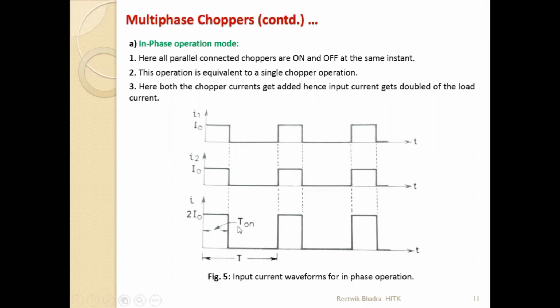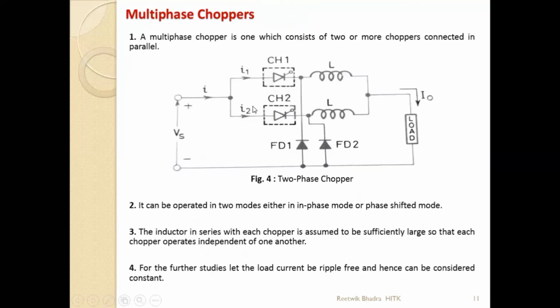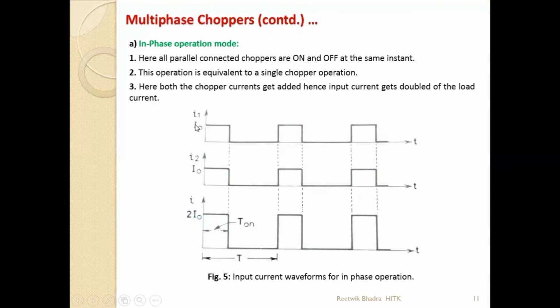So what happens when we are taking in-phase operation? I1 is the current through CH1, I2 is the current through CH2. So I1 is equal to I0, as we have said, when CH1 is on. Similarly, I2 is equal to I0 when CH2 is on. But I1 and I2 flow at the same instant because these are on and off at the same instant.